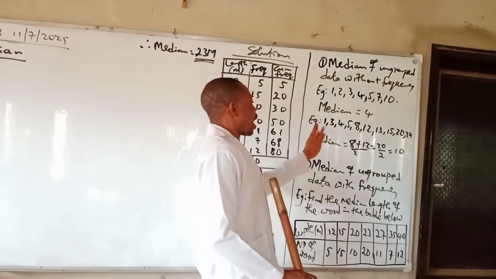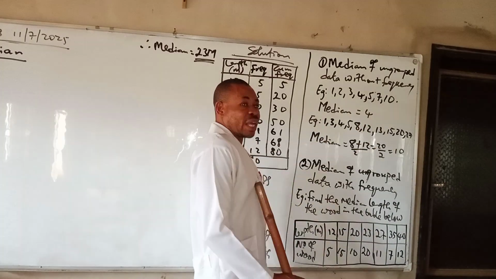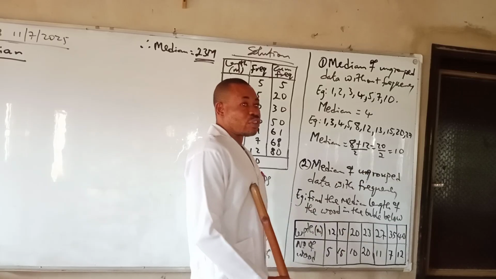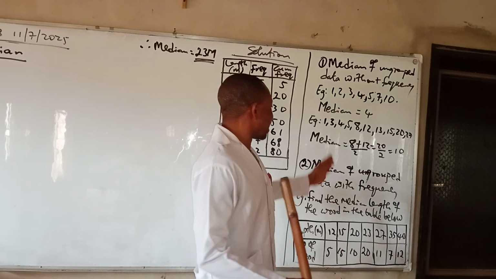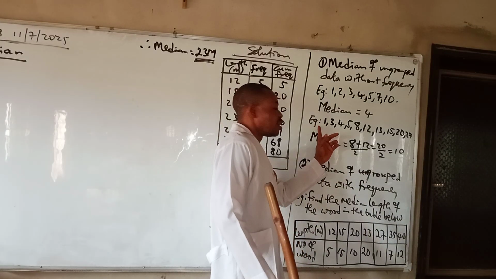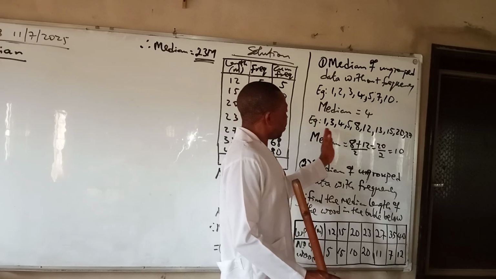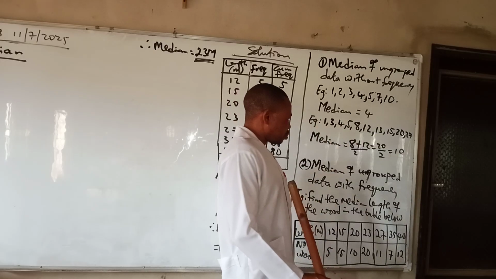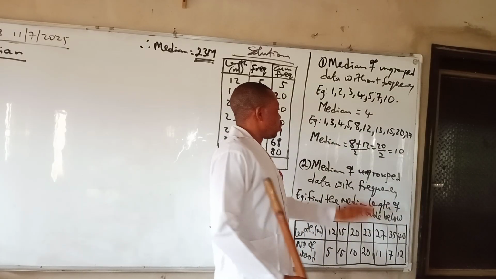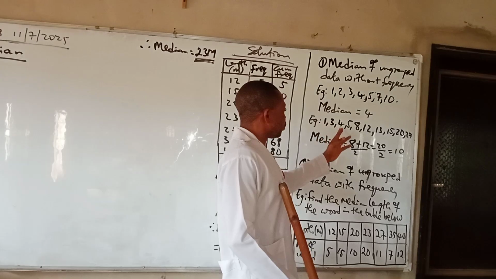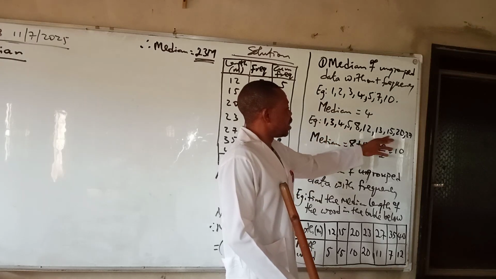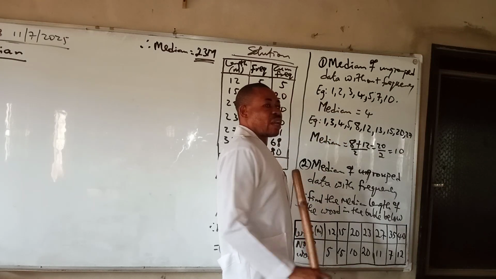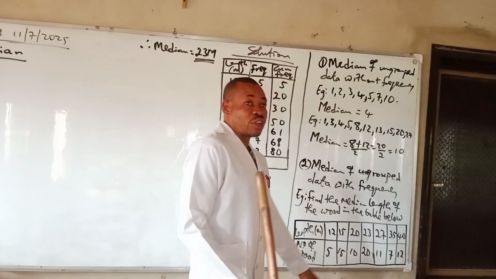But if after counting the data distributed the total number is an even number, see how we're going to calculate it. That is the example given in the second one. Based on this data distributed, we have 1, 2, 3, 4, 5, 6, 7, 8, 9, 10. The total number is 10, which is an even number.